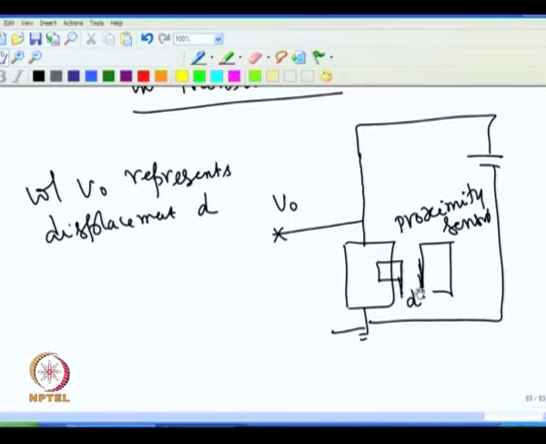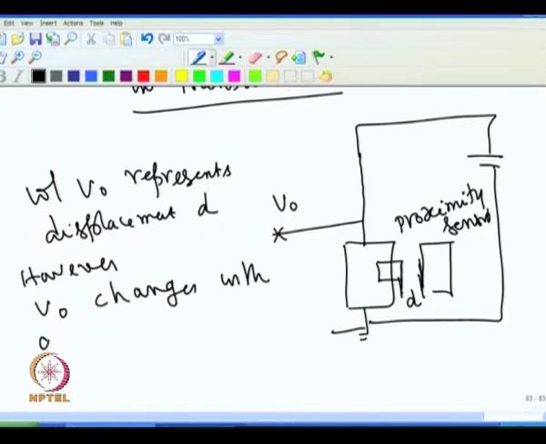For example, V0 depends on the temperature. V0 changes with the ambient temperature, because this transducer is in the ambient, and whatever the change in ambient temperature affects this one.